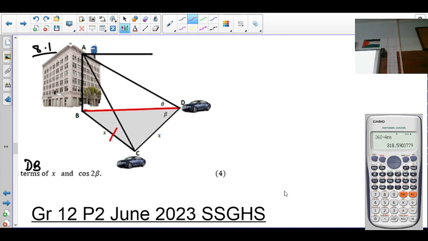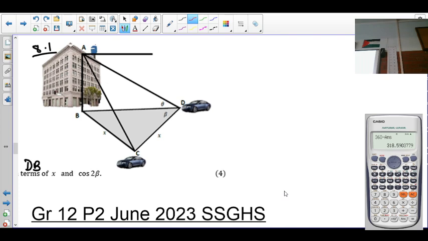What we have is two lengths and an included angle. We know we can calculate this angle BCD. Of course we're going to use the cos rule. Or since we've got many angles, we can actually use the sine rule as well. But let's see what we end up with.